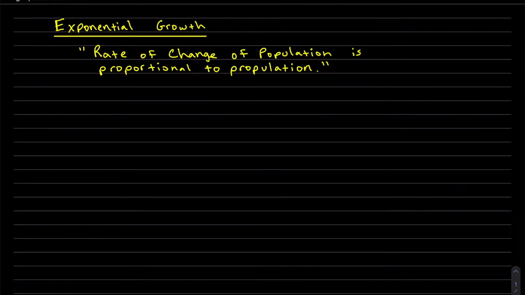Exponential growth is defined to be the rate of change of population is proportional to the population. Since we've got population in here, we're going to set y to stand for population. If y is population, then the rate of change of population would be the derivative of the population, with respect to time, so it's dy/dt.